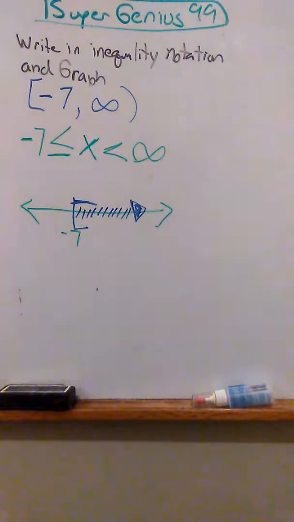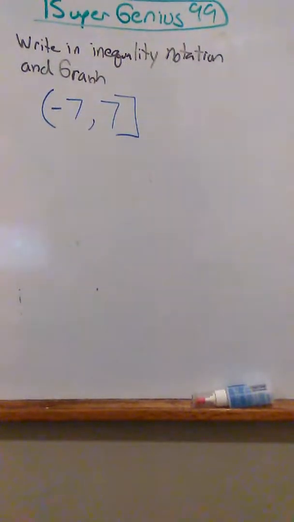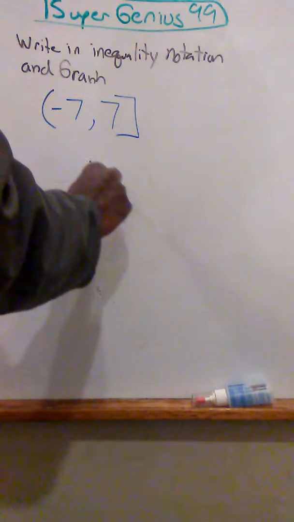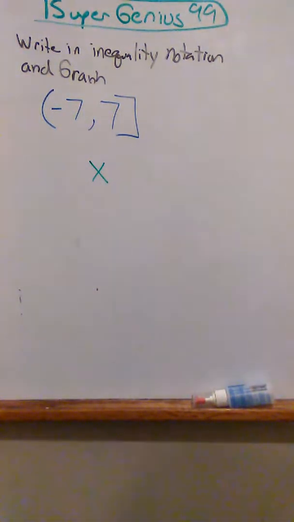All right, let's look at another one. Okay, so first thing, let's actually do the notation again. So what would be the notation? Just put an x in the middle. This parenthesis here means we're not including -7, so x would be greater than. Why not greater than or equal to?